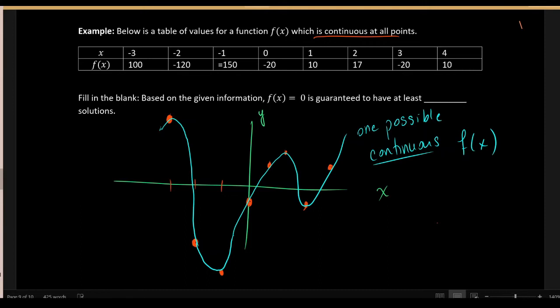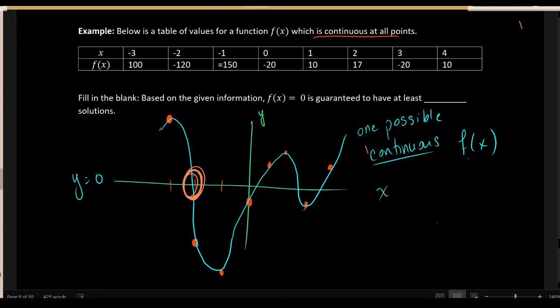So now let's check. If I connect the dots without lifting the pen, because f of x is continuous, how many points does the height of the function equal 0? Well, I can detect one such point where the function's value changed from positive 110 to negative 120.